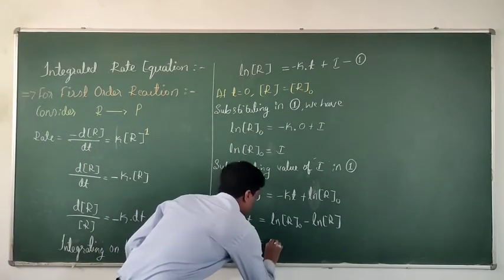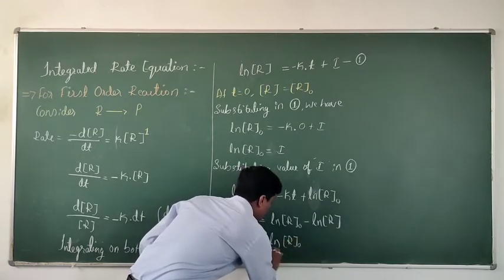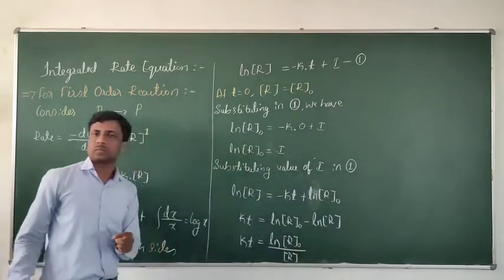k into t is equal to ln r naught divided by r. Is it?